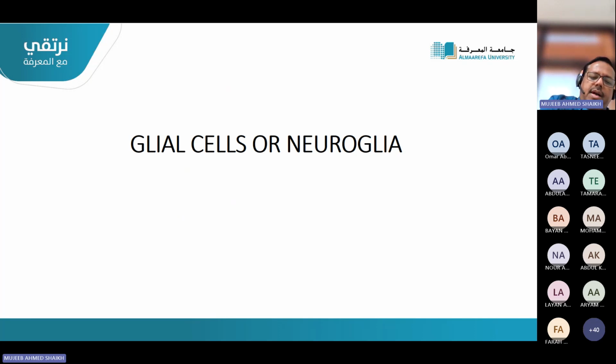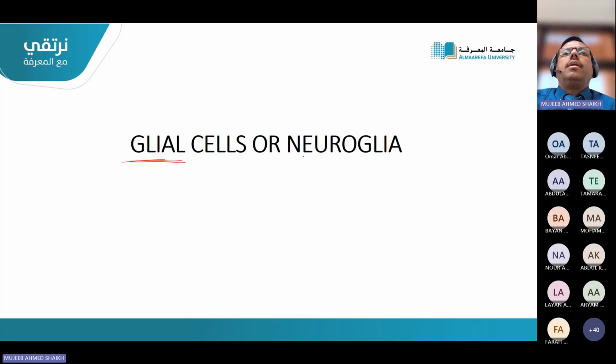Apart from the actual performing cells, those responsible for carrying the information to the periphery or from the periphery to the center, there are some cells which are helping or supporting. These are called glial cells.